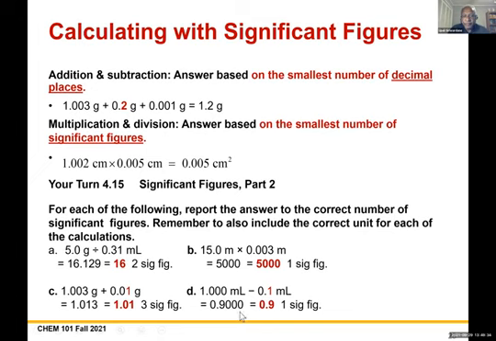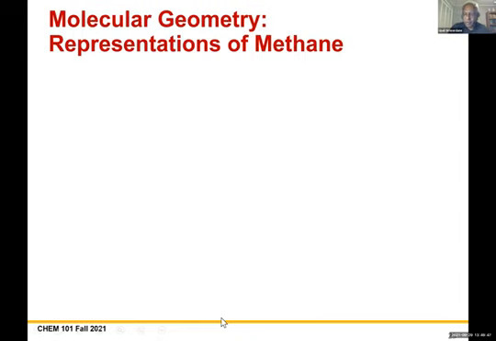Therefore, you drop all the zeros. You don't add anything to 9 here because the next number after 9 is 0. If it is 5, you add 1 to the 9, okay? So that's how you figure out significant figures in calculations.